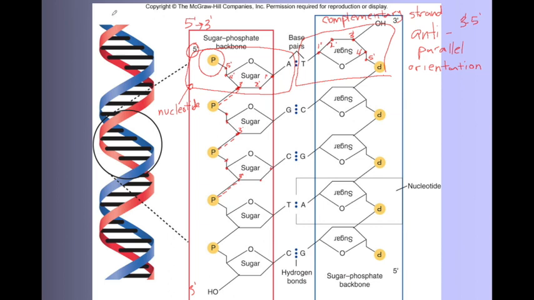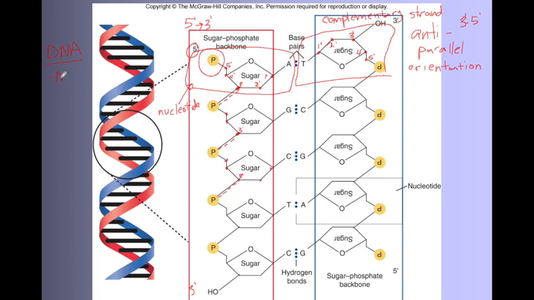So for DNA, there are 4 nitrogenous bases that DNA can have.